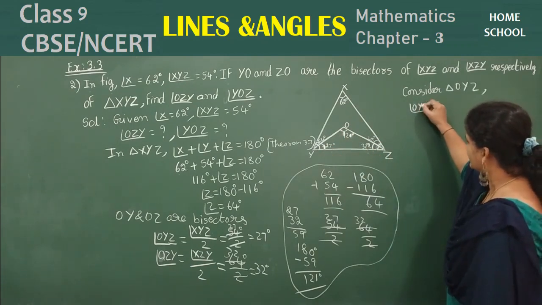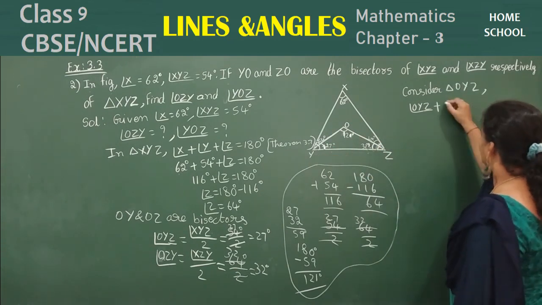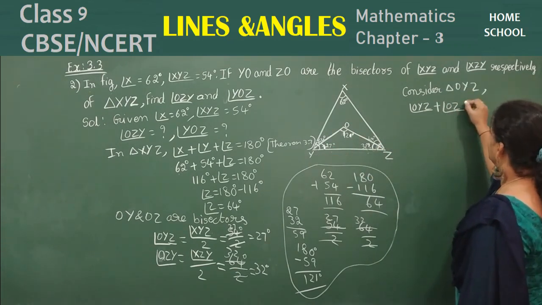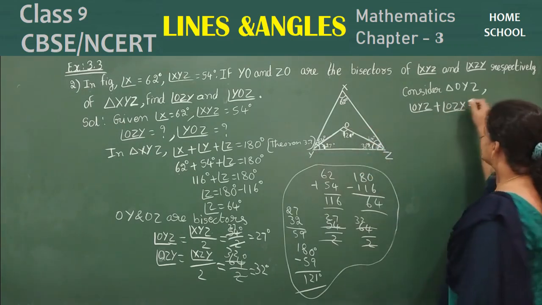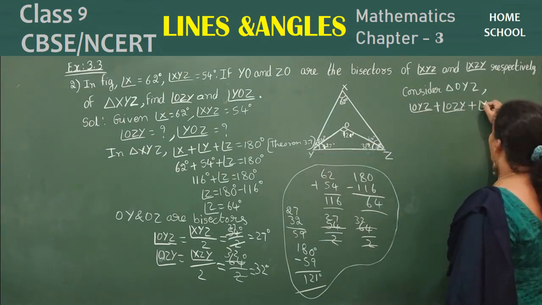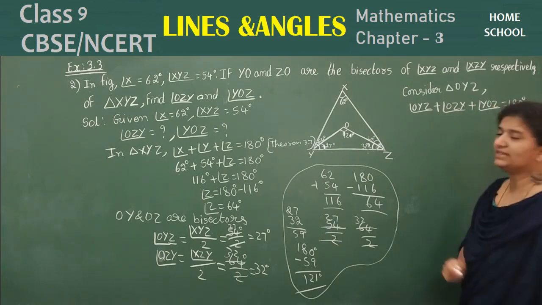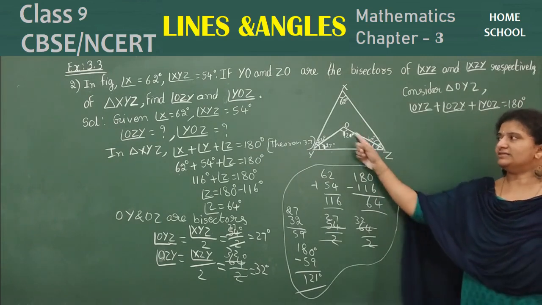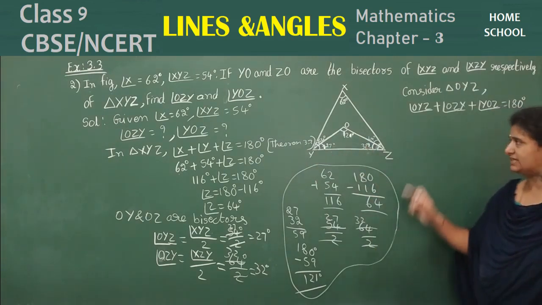Angle OYZ plus angle OZY plus angle YOZ is equal to 180. By what are you saying this statement? In a triangle, the sum of all the angles is equal to 180 degrees by theorem 3.7.